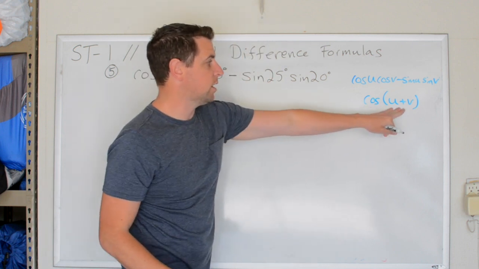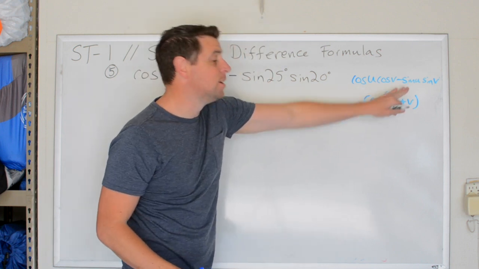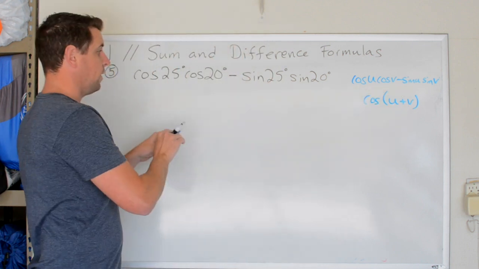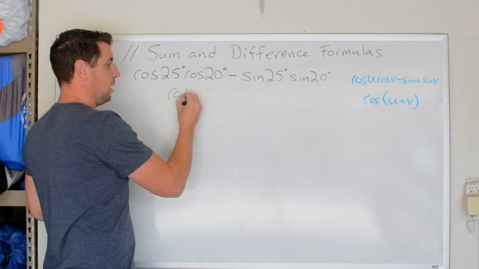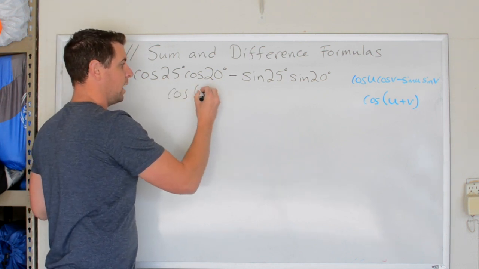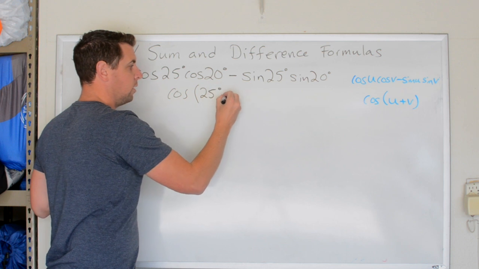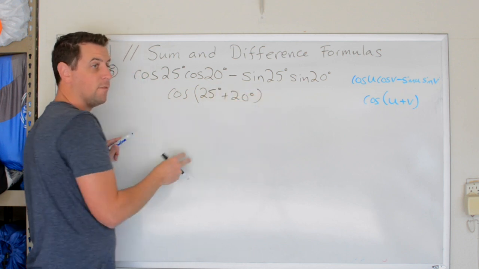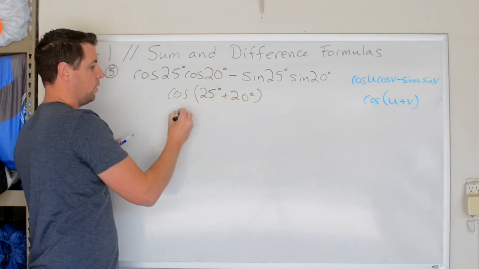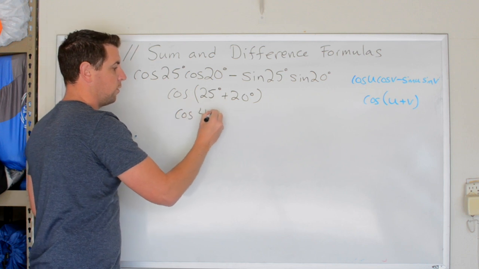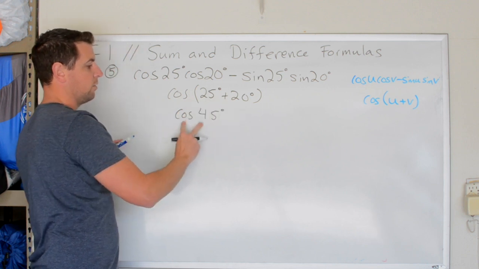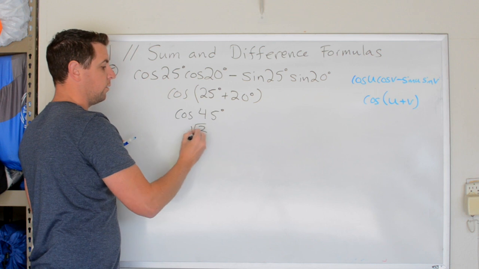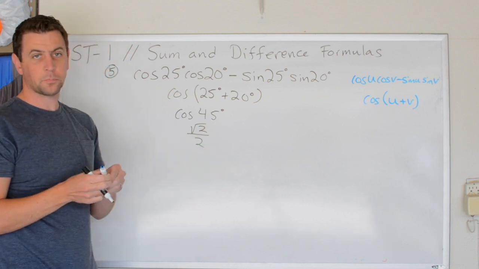Remember, cosine is cranky, so the positive turns into a negative. When I do that, that means that this will equal cosine of my two angles being added, 25 degrees being u, plus 20 degrees being my v. 25 plus 20 is 45 degrees, and cosine of 45 degrees is radical 2 over 2.